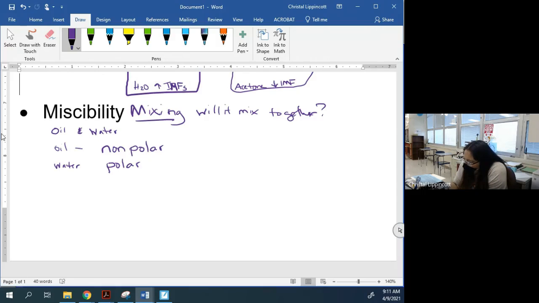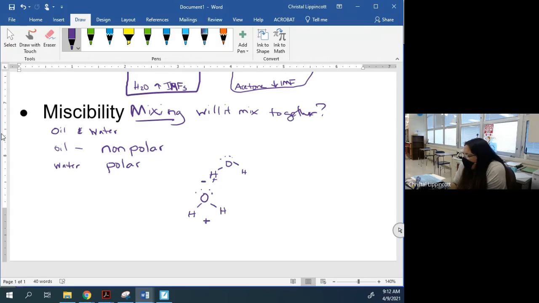When I have water here, remember that water is polar, so it has a negative end here and a positive end down here. When it's by another water molecule, it's going to get attracted with those IMFs to the other water molecule. The positive and the negative here.